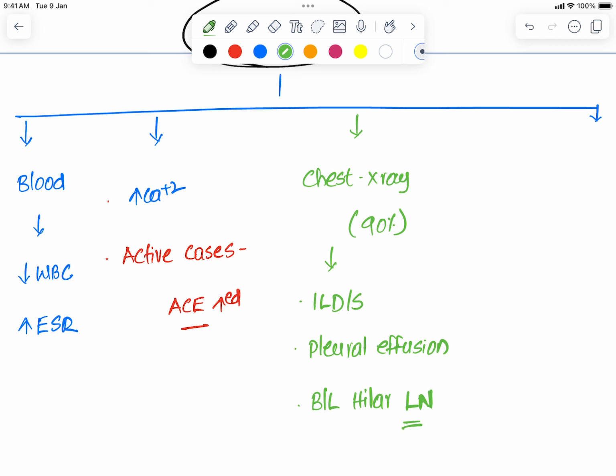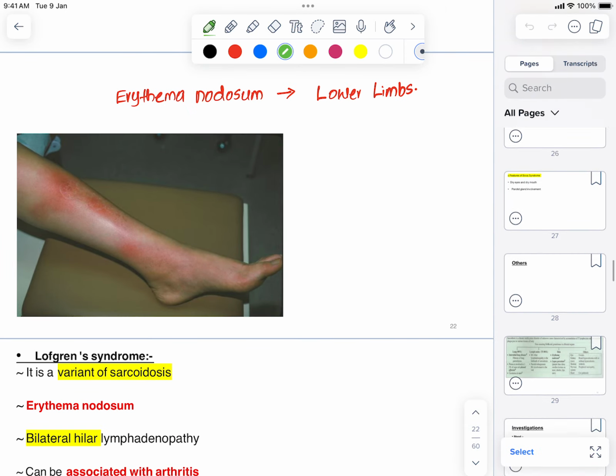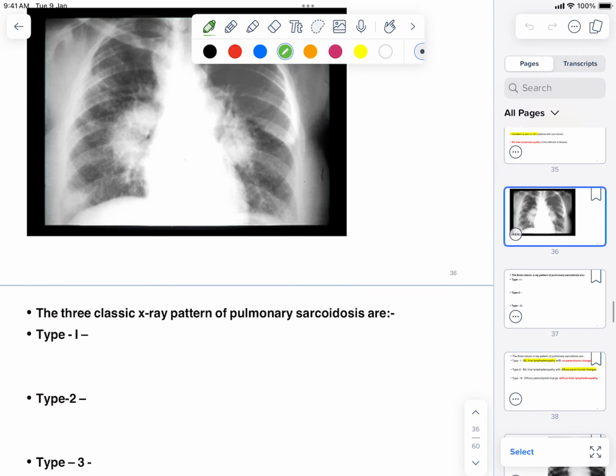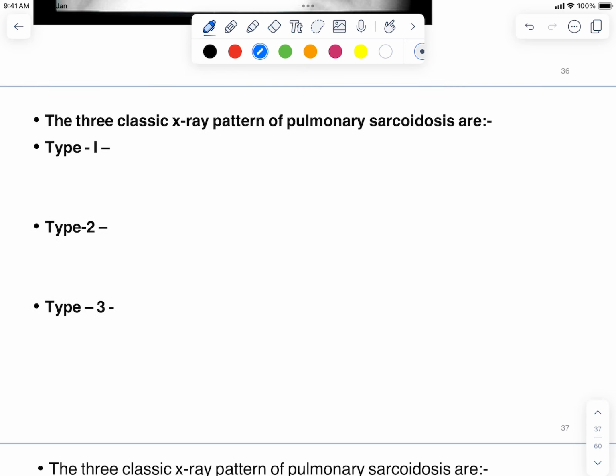And within this particular chest X-ray, there are three patterns. So first of all, observe this. Yes. So this is your bilateral hilar lymphadenopathy, right? And three classical X-ray patterns of pulmonary sarcoidosis are, so you take type 1.